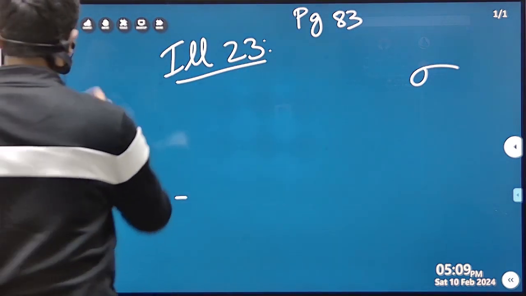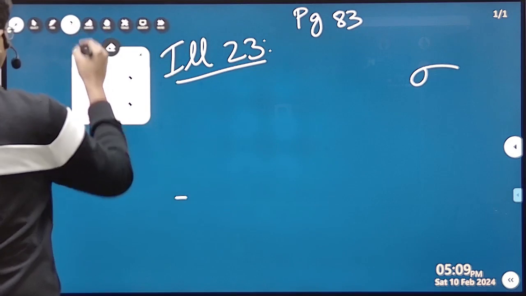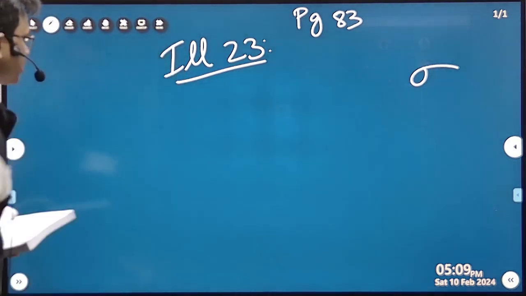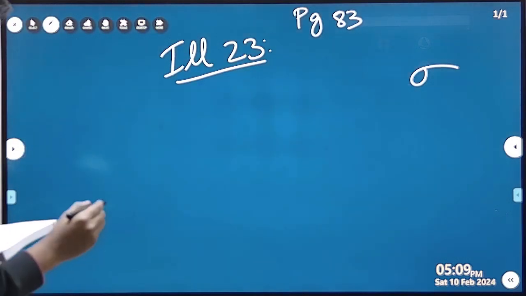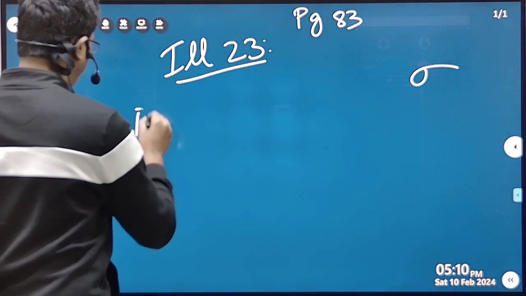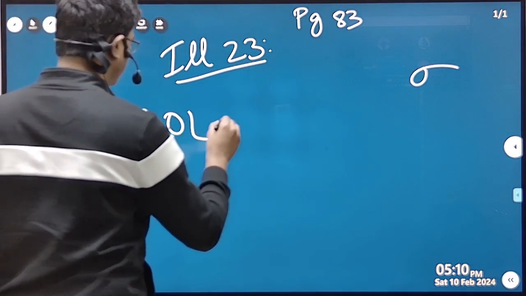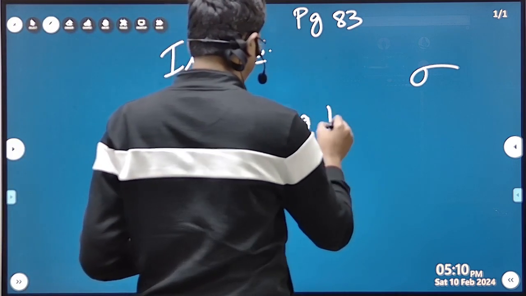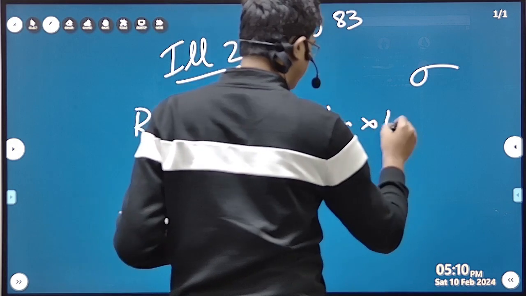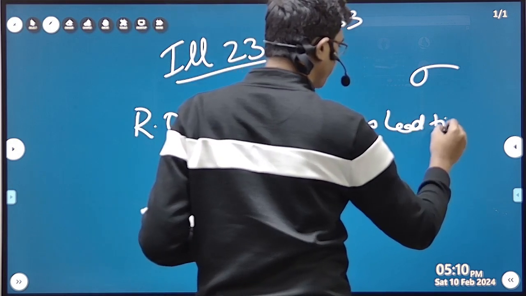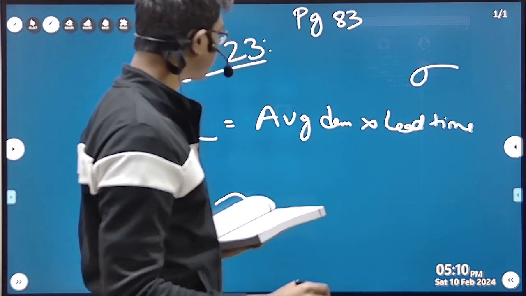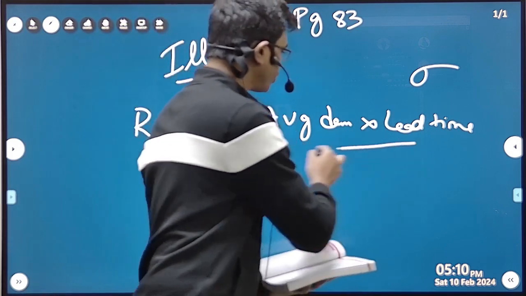So these problems he has given us. Last class before closing we discussed one small thing: reorder level is equal to average demand into lead time. We have solved problems with this formula. But we have also discussed that this is cutting it to the edge.